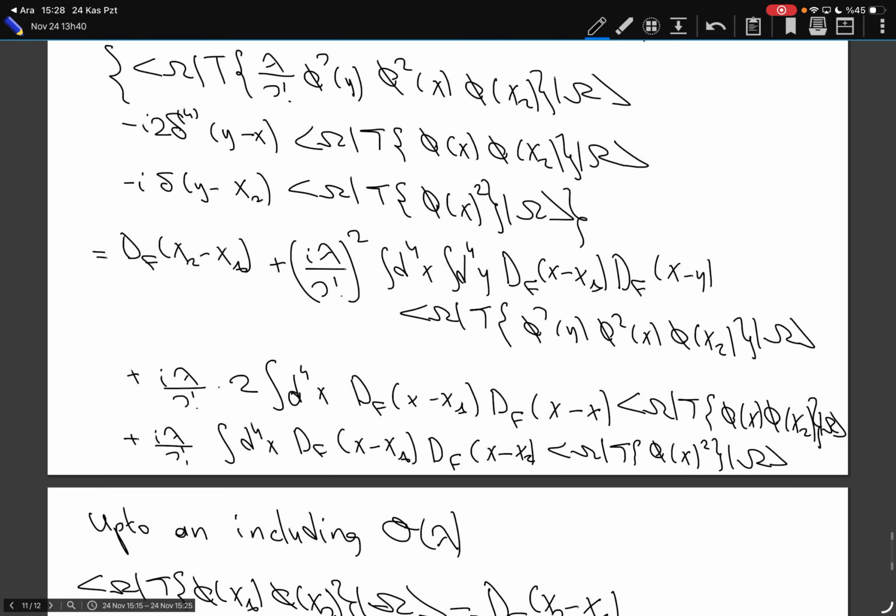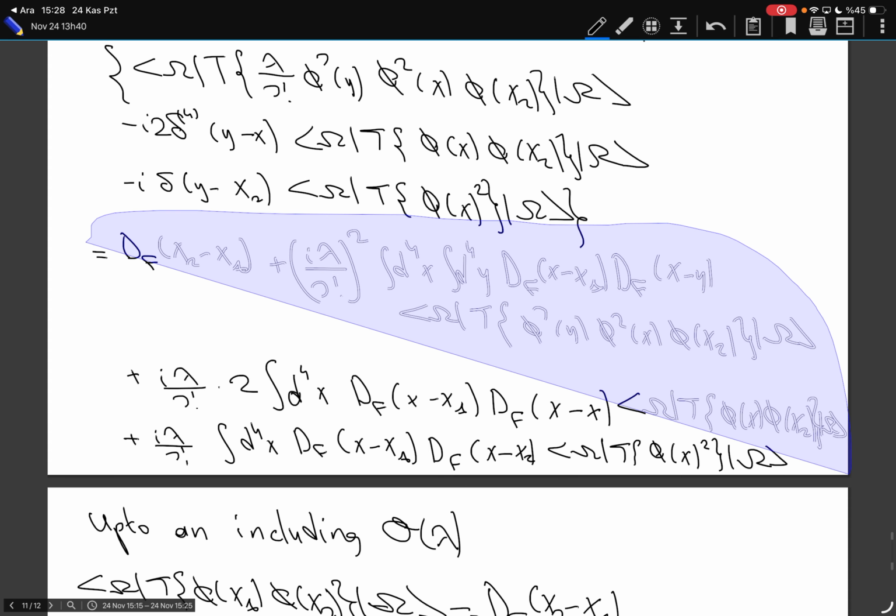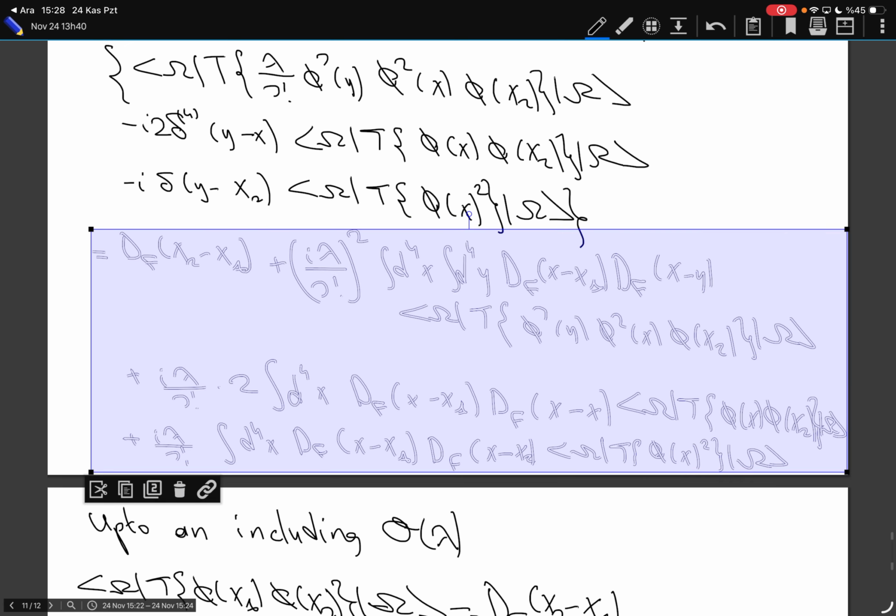You see, this relation over here is exact. So that relation, if you can make sense out of it, you can also use in theories where perturbation theory doesn't work. Of course, there is a problem of what sense can you make out of that. That still remains. But this is valid also in non-perturbative theories.